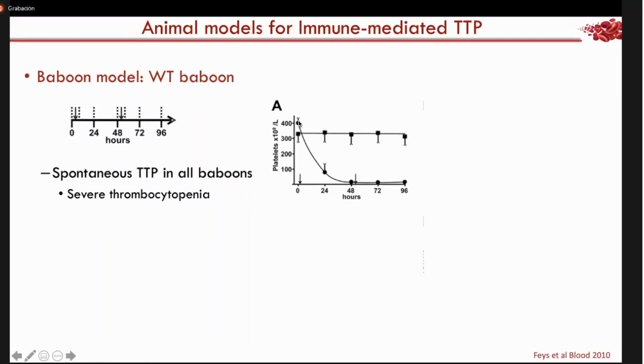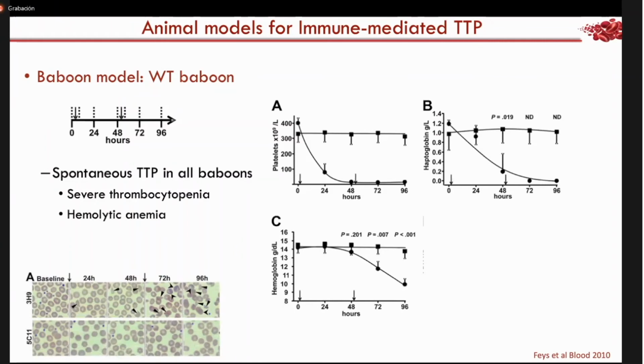You can see here a decrease in platelet counts, the circles, when we inhibit ADAMTS13 activity, the squares, no decrease in platelet count when we use a control antibody. We saw hemolytic anemia, a decrease in haptoglobin when we injected the inhibitory antibody, not when we injected a control antibody. And the same, a decrease in hemoglobin and an appearance of the schistocytes, three markers of hemolytic anemia.